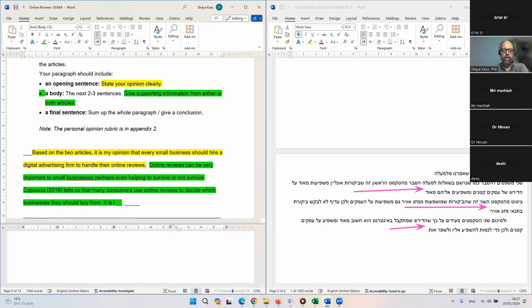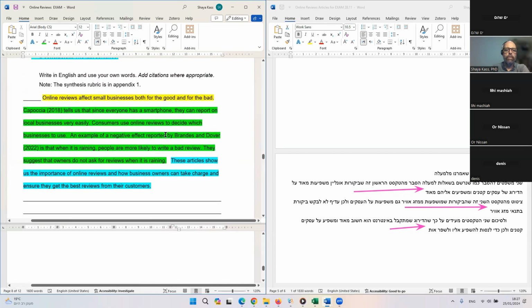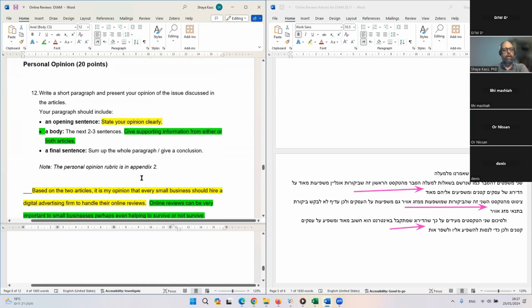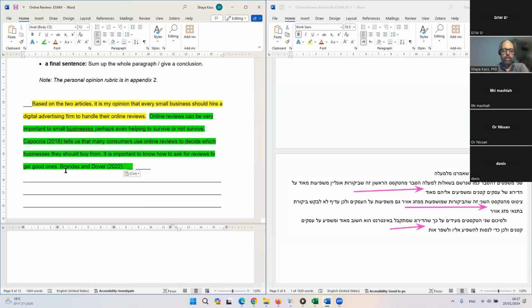It is important to know how to ask for reviews to get good ones. The second article tells us that even the weather can change.